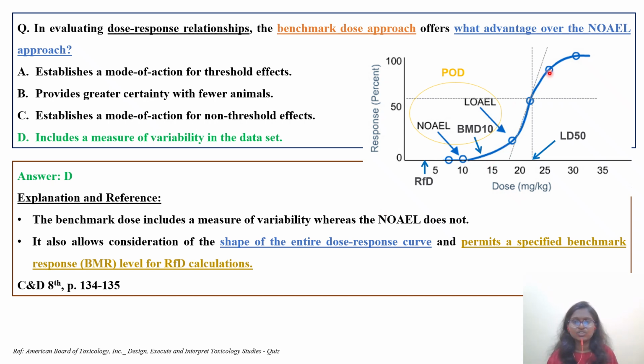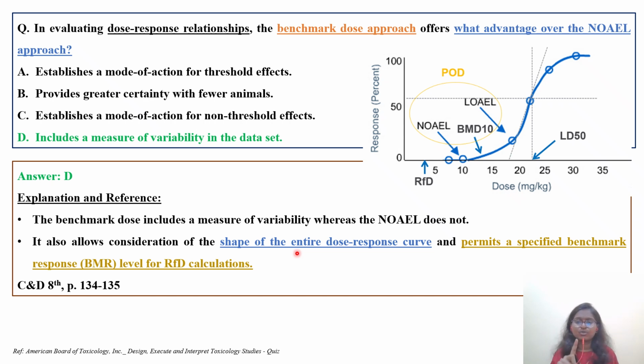That is the advantage of BMD over NOAEL. It allows consideration of the shape of the entire dose response curve. Getting my point? And it permits a specific benchmark response level for RfD calculation. What does RfD mean? In the case of US EPA, you will have two endpoints.